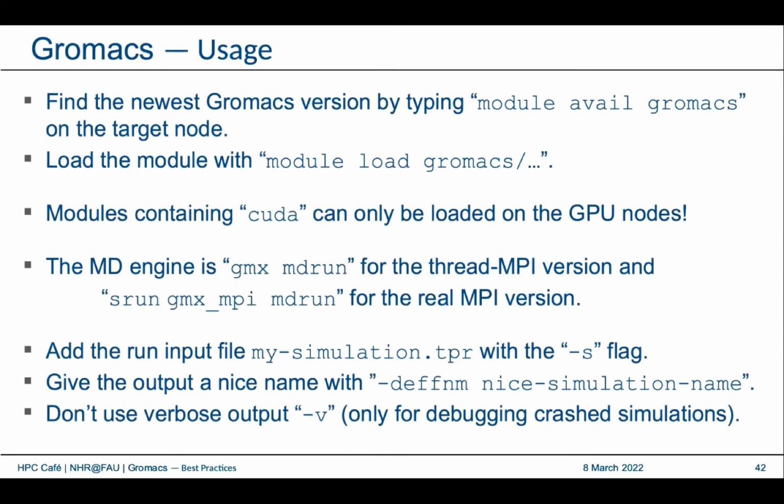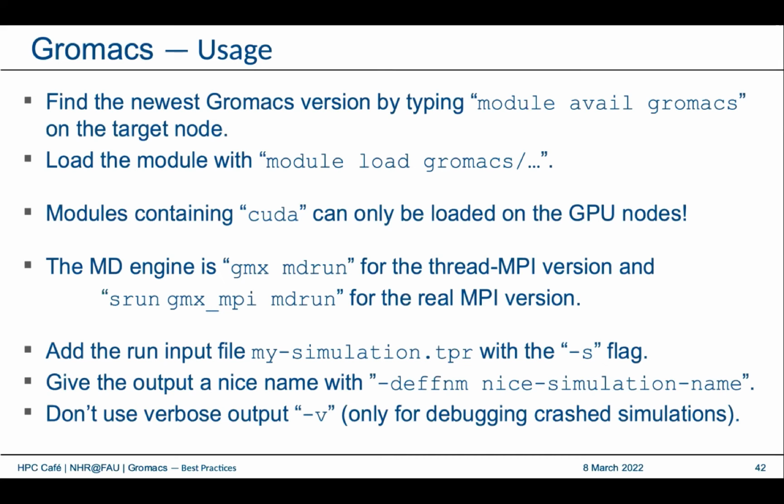So the MD engines are gmx mdrun and, with srun, gmx_mpi mdrun. You can also find them in our documentation. For the thread MPI versions and the real MPI versions, then add the run input file with the -s flag.